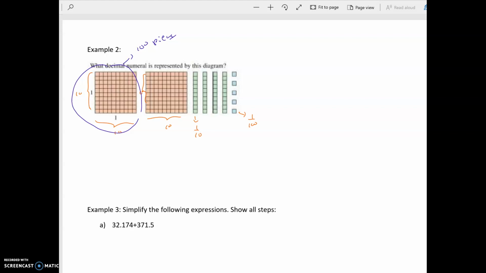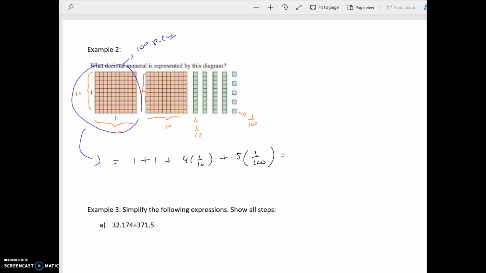So the actual decimal number for this one is going to be equal to the following: 1 plus 1, which is going to be 2, plus we have 1, 2, 3, 4 rows of 1/10, plus I have 1, 2, 3, 4, 5 hundredths.